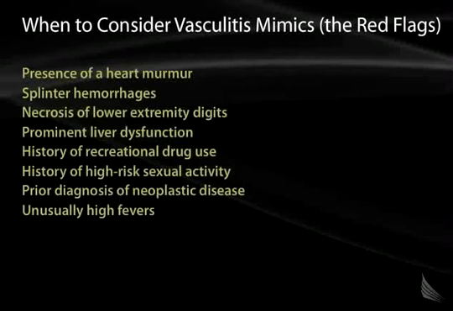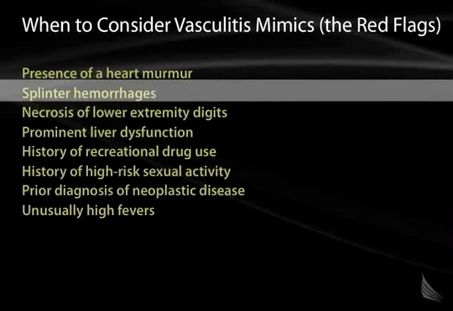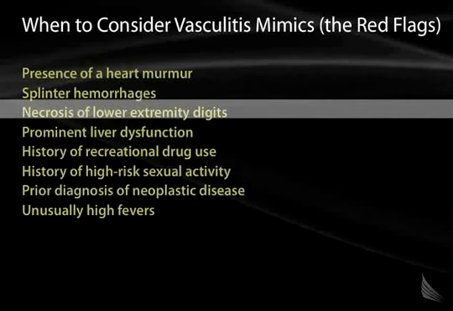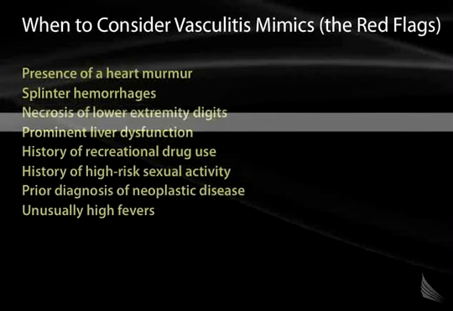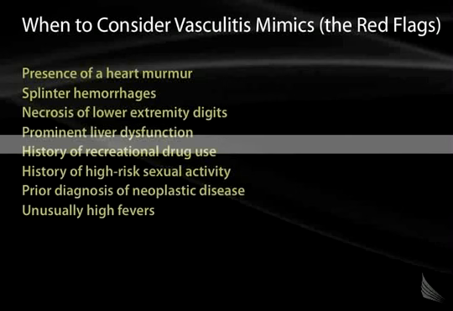You need to consider that the questions you're being asked are vasculitis mimics when there is a presence of a heart murmur, when you have splinter hemorrhages in the nail folds, or necrosis of lower extremity digits. If you have prominent liver dysfunction, you need to be concerned for hepatitis B or C infection. Any history of recreational drug use, such as cocaine or methamphetamine.